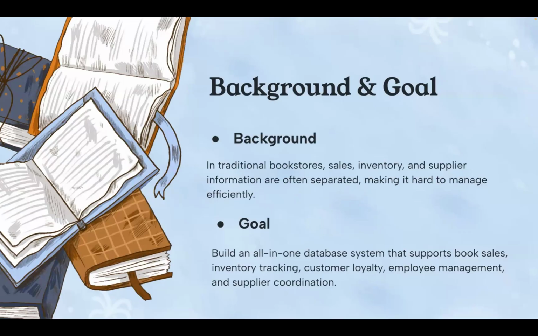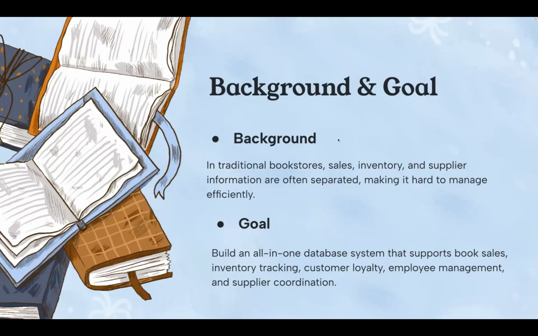So our goal was to build an all-in-one database system, one that manages everything in one place: book sales, inventory, customers, employees, and suppliers. With this integrated system, the bookstore can improve efficiency, accuracy, and reduce repetitive tasks.